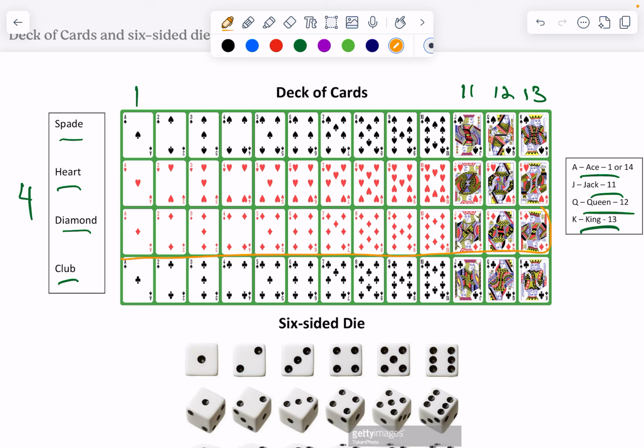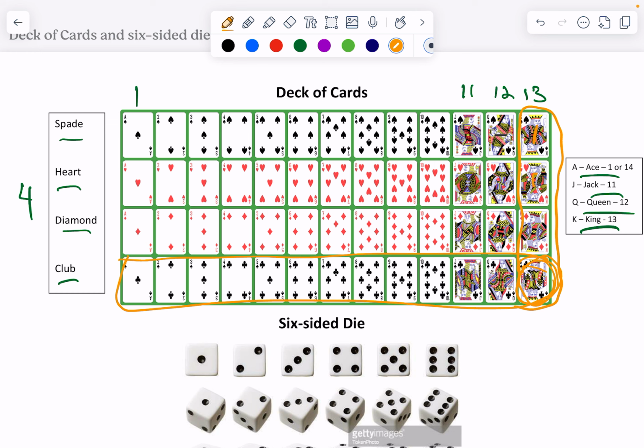No, sorry, I'm circling the wrong one. These are our clubs, and these are our kings. Now notice that there's a king of clubs that we circled twice. We need to make sure that we don't do that.